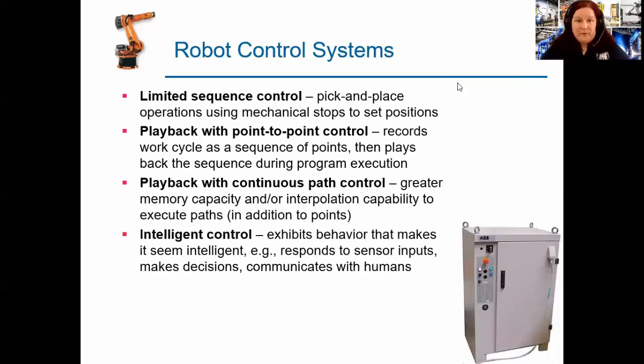In terms of the control systems, make sure you understand that anytime you want to integrate an industrial robot in a manufacturing system, you have to have accommodation for the control system that is needed. So many times when you buy, for example, here in the picture you have an ABB robot, it will have its own ABB control box. If you buy a KUKA robot, it will have a KUKA control box.